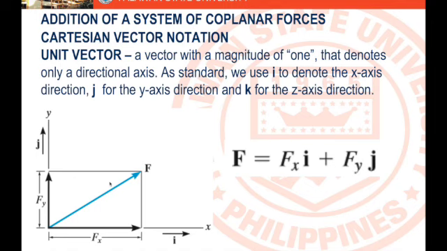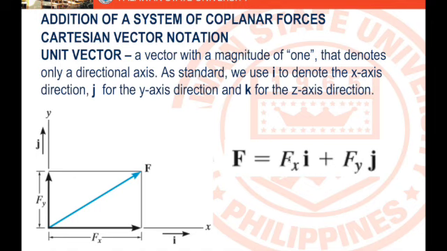Okay, so this is how you will write the Cartesian vector notation of the vector. If you're given a vector F here, you're given angles and magnitudes of the rectangular components, we will write it as such. I hope you can see which one is written in boldface and which one is in italics. Here, the vector F written in boldface, so it's a vector, is equal to our magnitude.